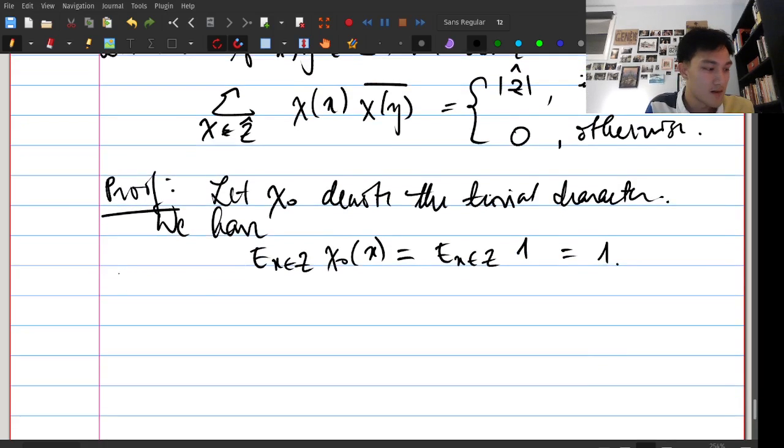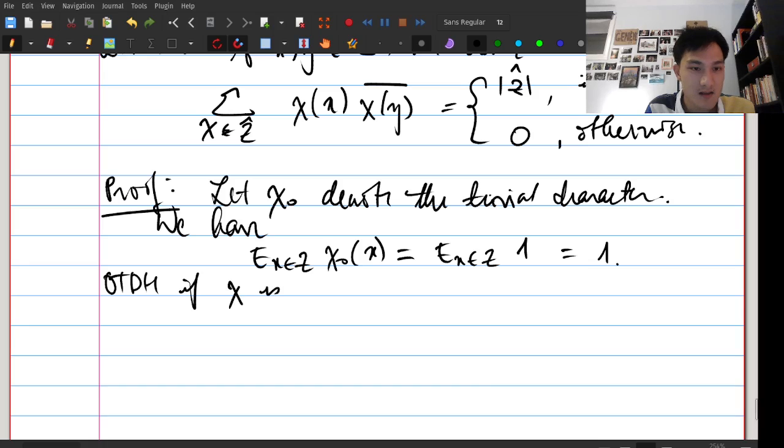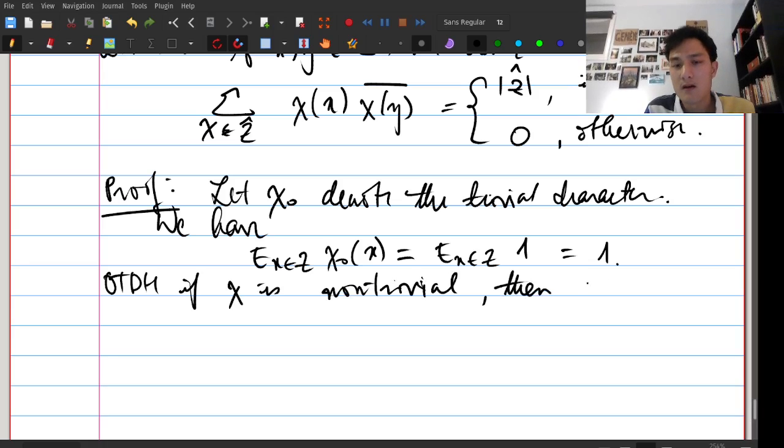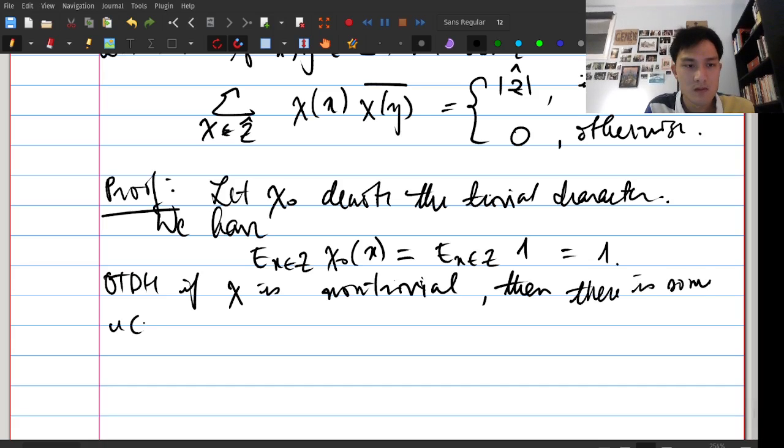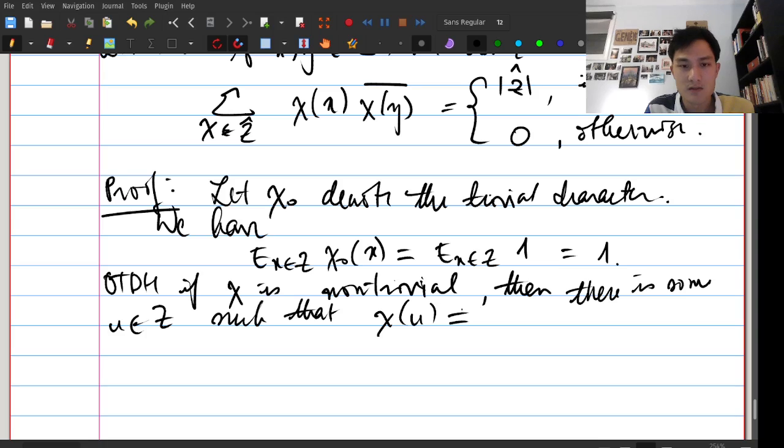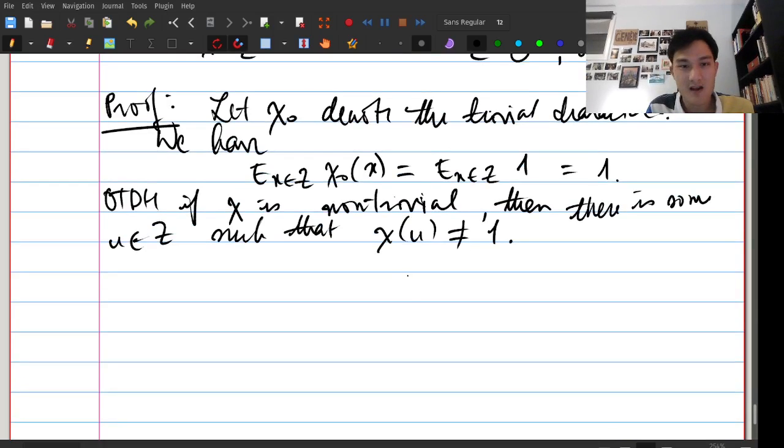On the other hand, if chi is non-trivial, then there is some u in Z such that chi(u) is not equal to 1, just because we assume that chi is non-trivial.